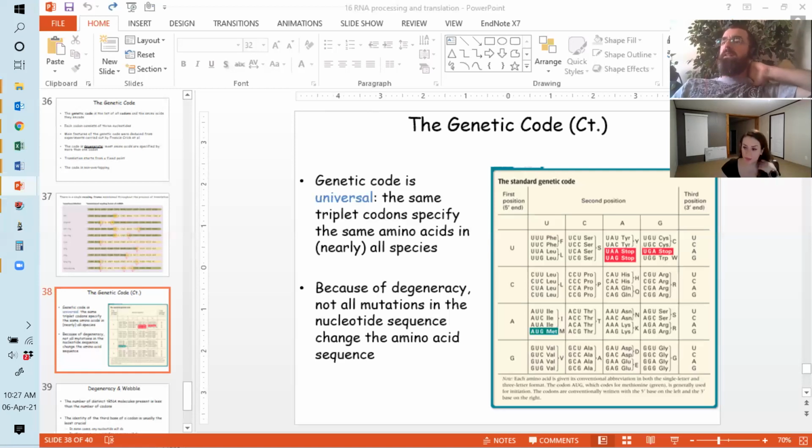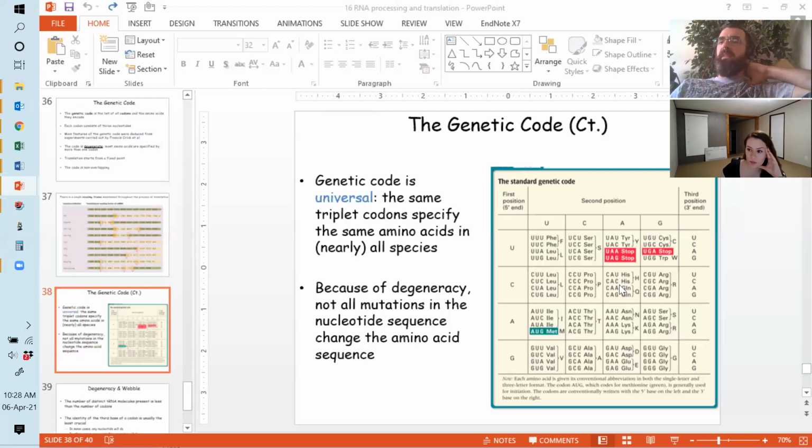And so this in a way is a consequence of having 64, well, 61 really, because of these 3 stop codons. 61 different possible codons, but only 20 amino acids. But it has a really neat kind of organismal benefit.